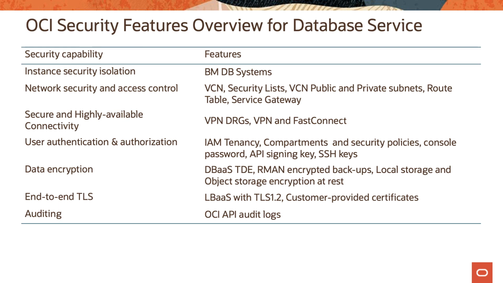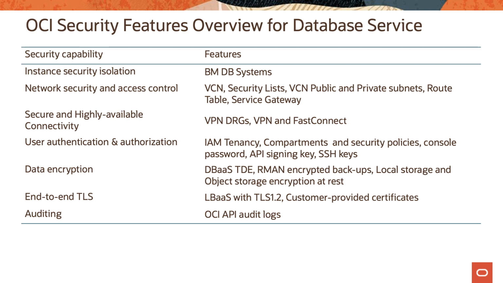In the case of user authentication and authorization, OCI segregates each customer into their own tenancy, and each tenancy can be further divided into compartments to isolate workloads for different departments or different phases of a particular project like test, dev, or production.